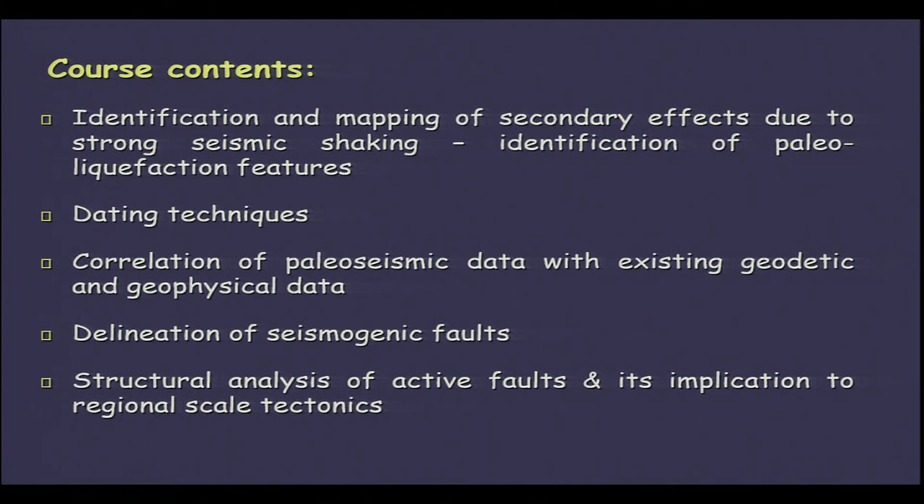Then, structural analysis of active faults and its implication to the regional scale tectonics.